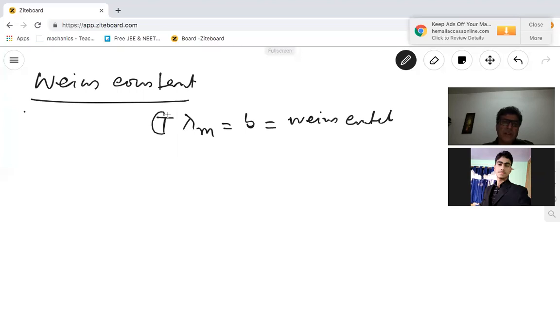T is temperature, lambda is the wavelength emitted by the black body, and B is Wien's constant. So what is B? That is T lambda max.